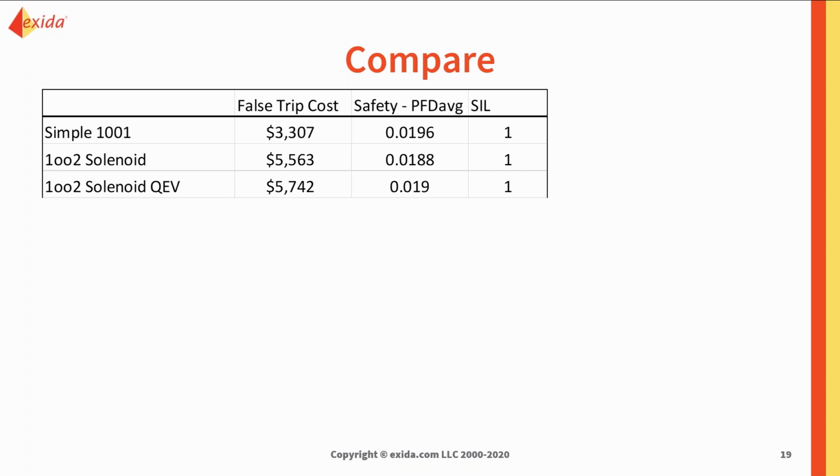What about that 1 out of 2, but we're adding that quick exhaust valve? So let's look at that safety again. Okay, it's a little worse than the solenoid, just the solenoid safety, but it's still better than that simple 1 out of 1. Once again, not really much improvement, tiny bit, but that's not going to take you out of that SIL 1 range.